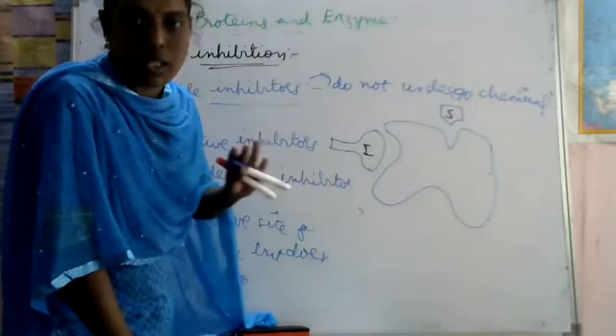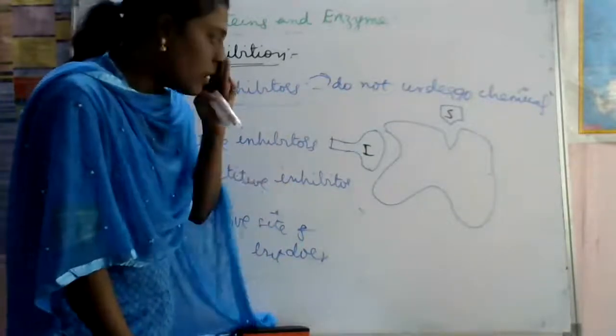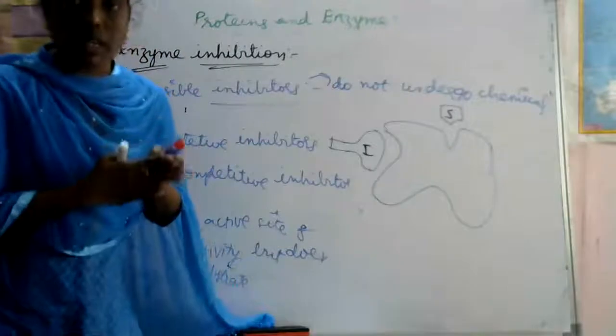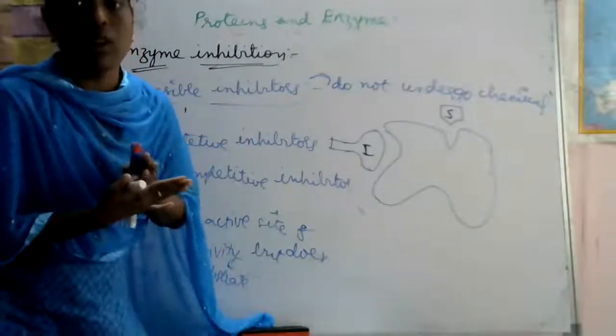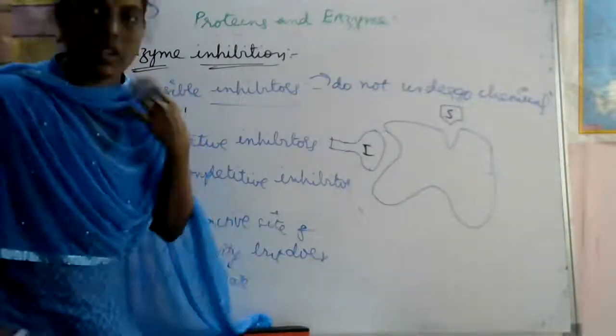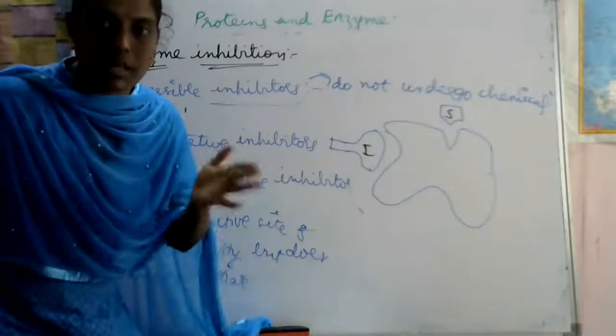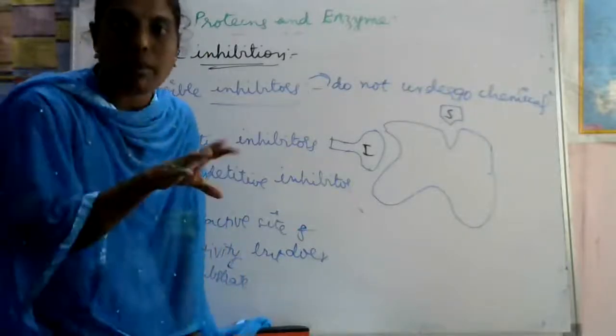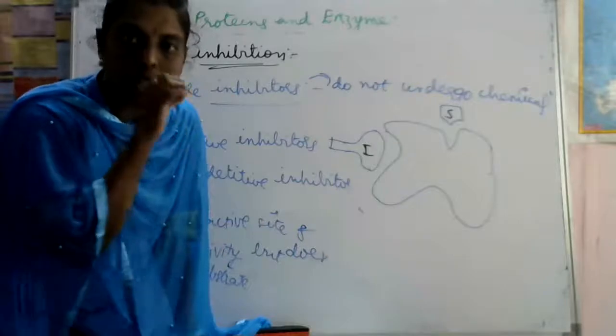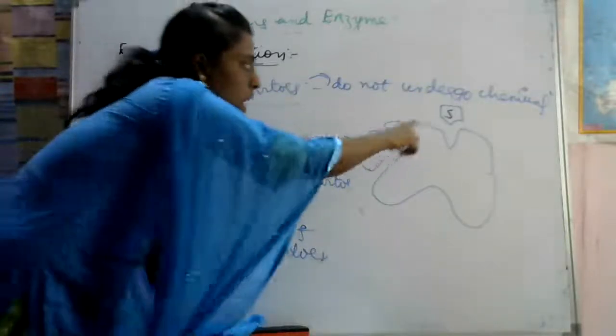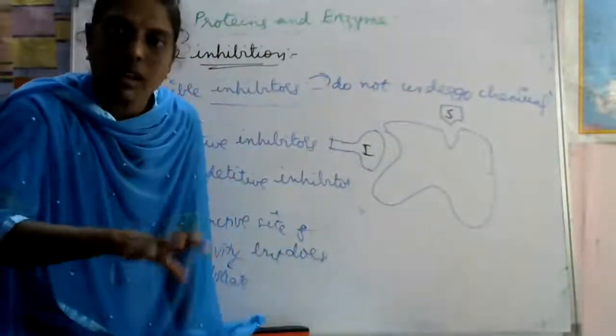If you take a competitive inhibitor, what will happen? There is a competition between the inhibitor and the substrate molecule. If you increase the concentration of the inhibitor, the inhibitor will go and bind to this active site and block the reaction.